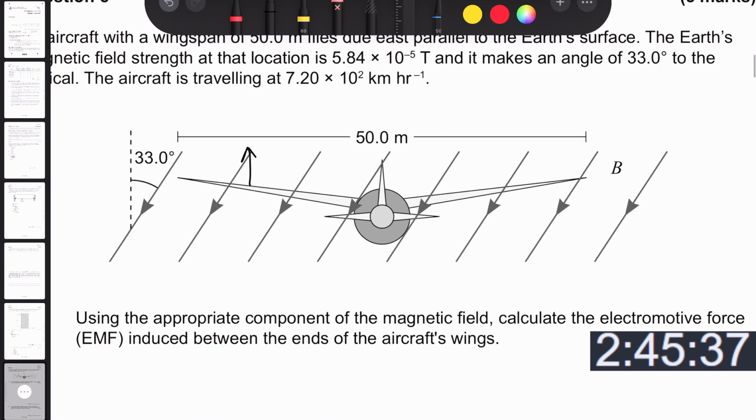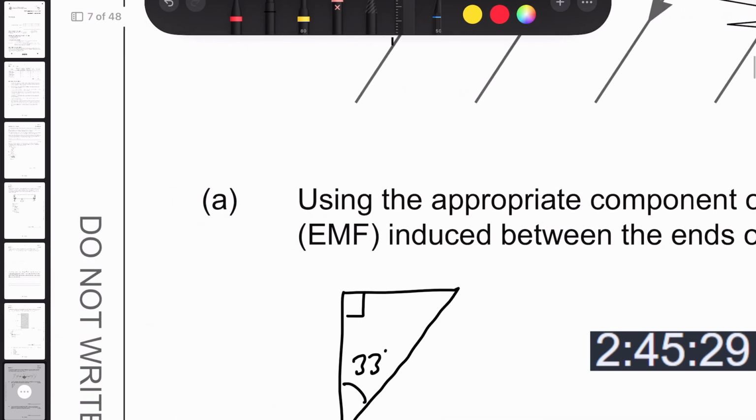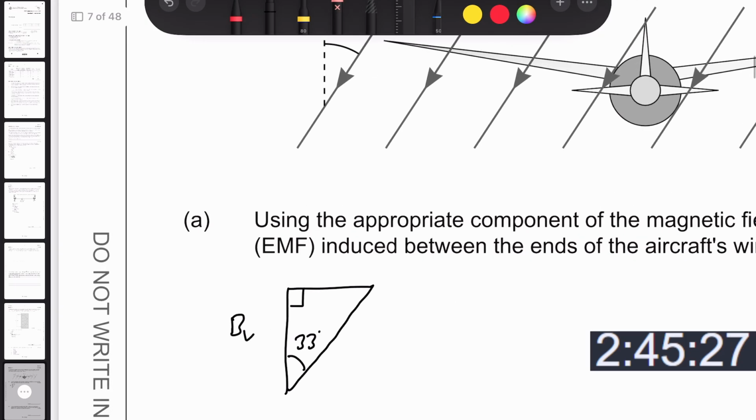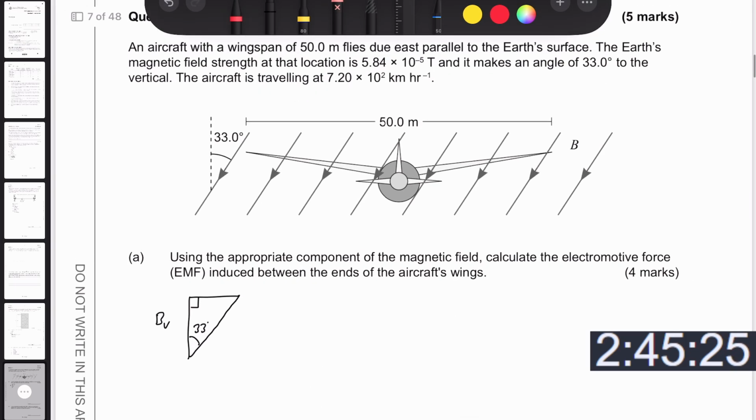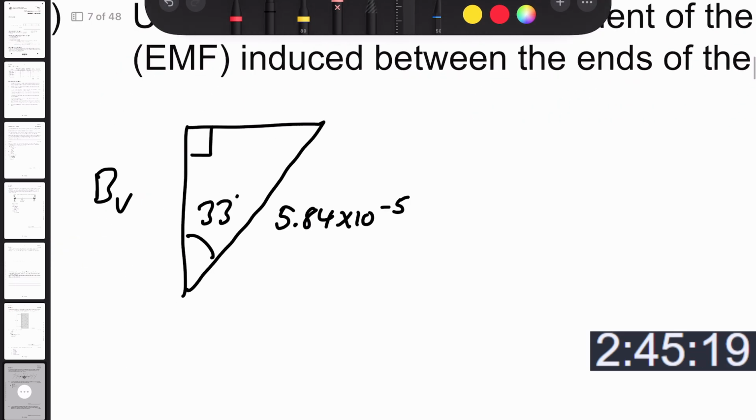So we need the upwards component. Let's draw a little triangle here. That is 33 degrees. This is B vertical, and this is 5.84 times 10 to the negative 5.